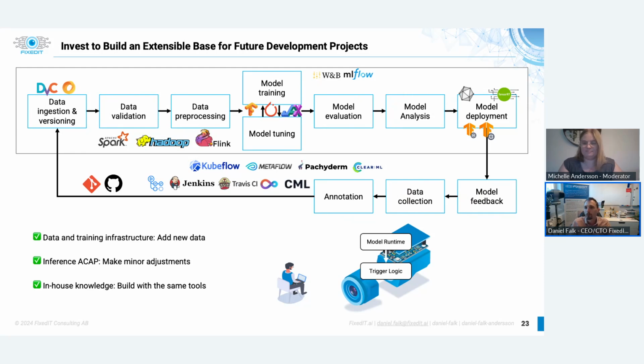For example, if you're creating a machine learning or deep learning application, then you need to integrate the training framework in a way that it will work with the Axis cameras, the DLPUs. And you will need to integrate it with your data sources that you have in your company and so forth.